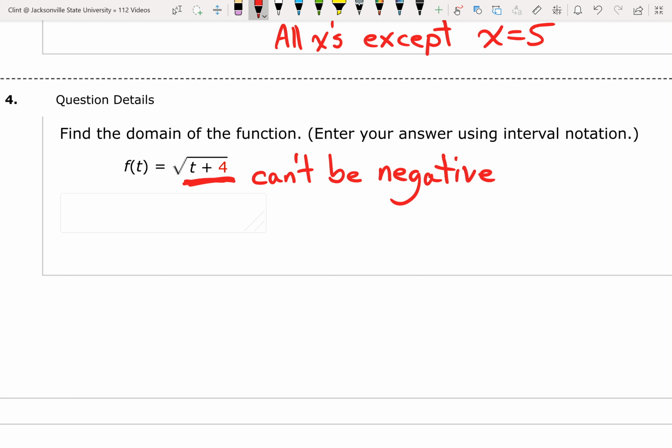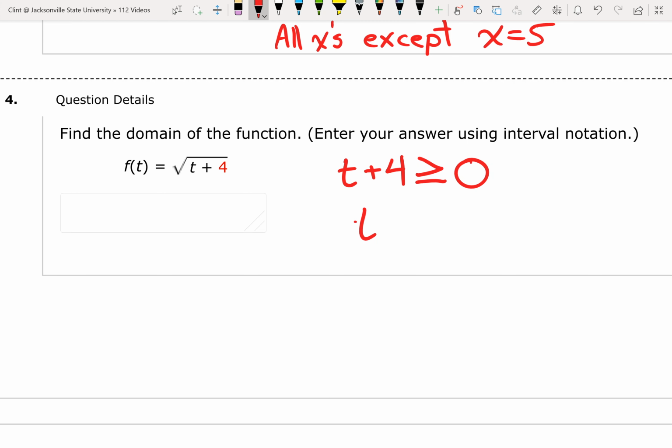So t plus 4 can't be negative. If you can see the smallest value that will work, you can go straight to it. But if not, saying it can't be negative means t plus 4 needs to be greater than or equal to 0.